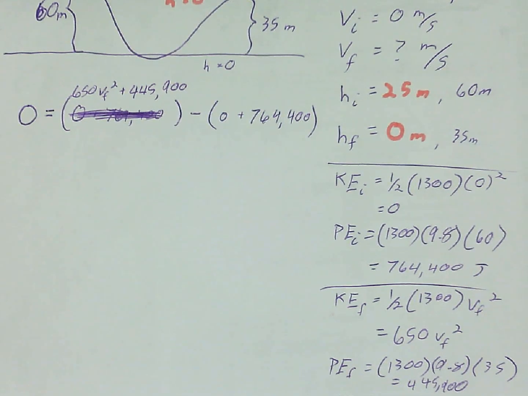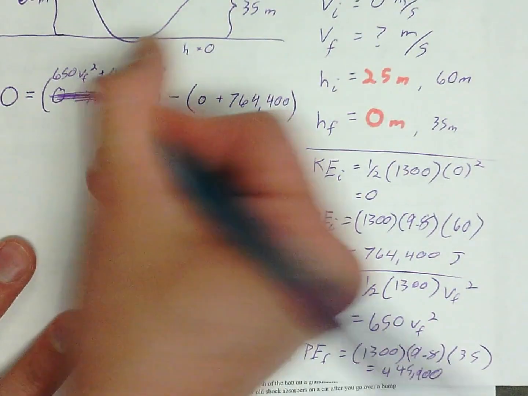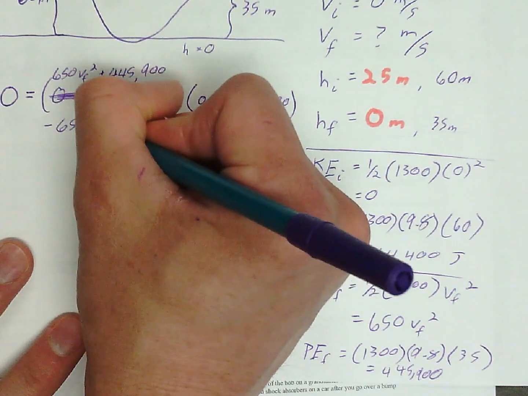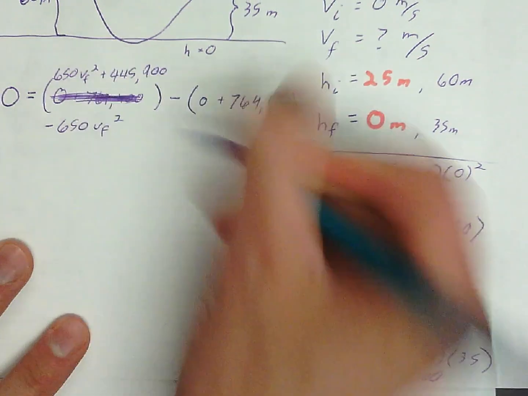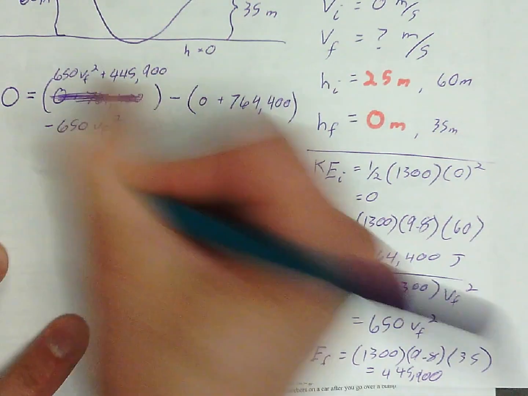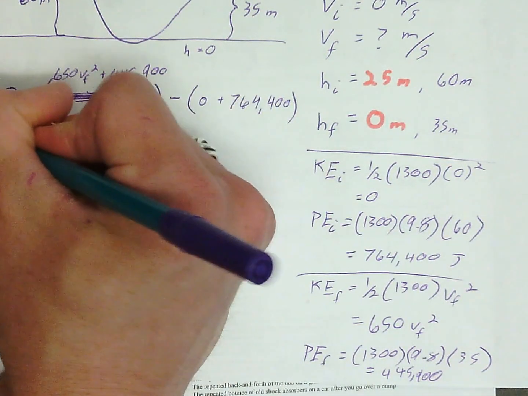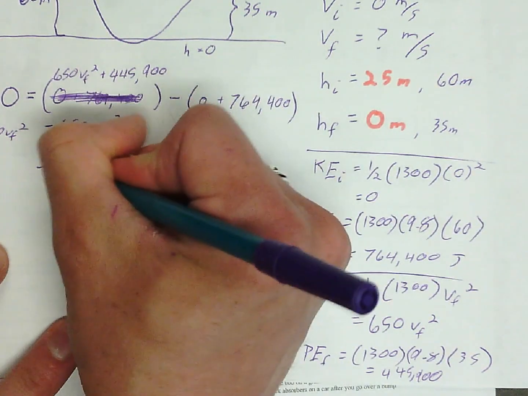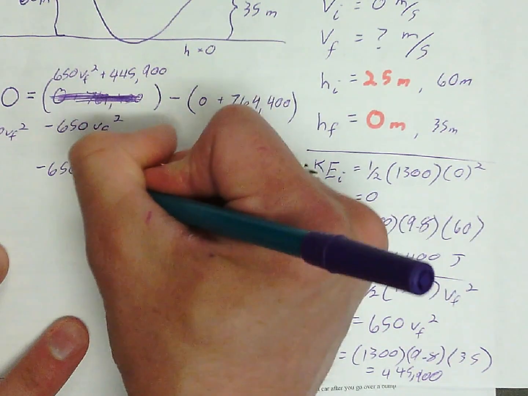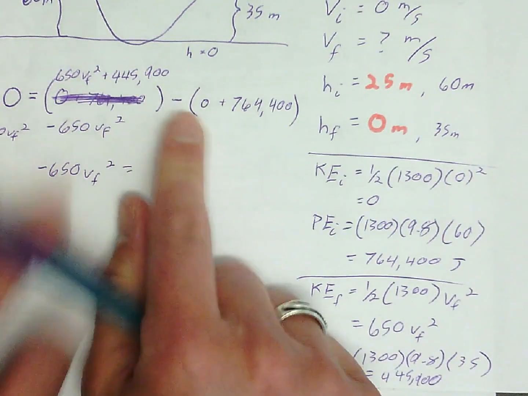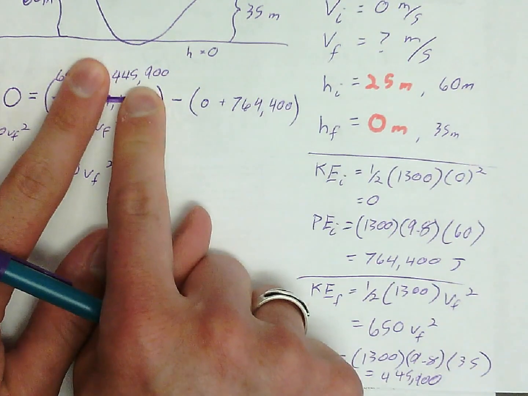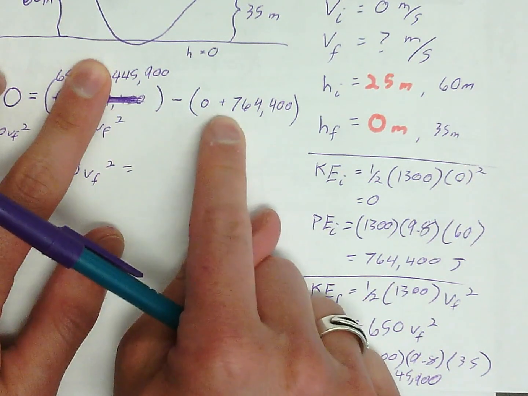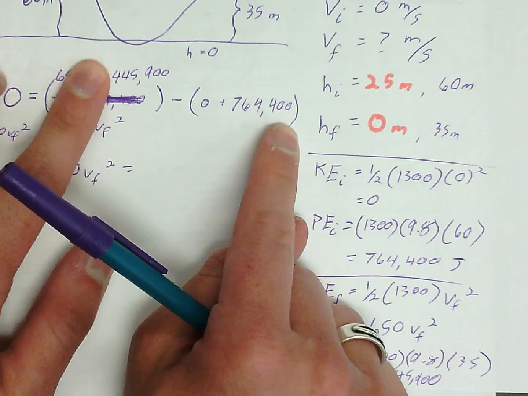I'm going to go ahead and subtract the 650 VF squared from both sides. The reason I'm doing that is I'm just trying to get all my numbers on one side. So we get negative 650 VF squared equals, and then these two numbers we can subtract, right? 445,900 minus 764,400.